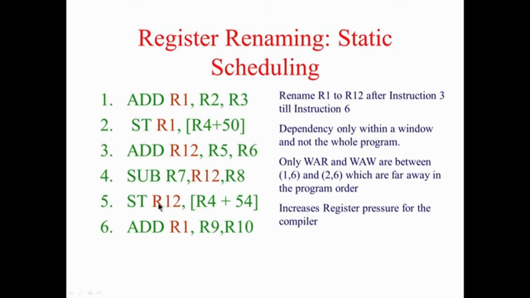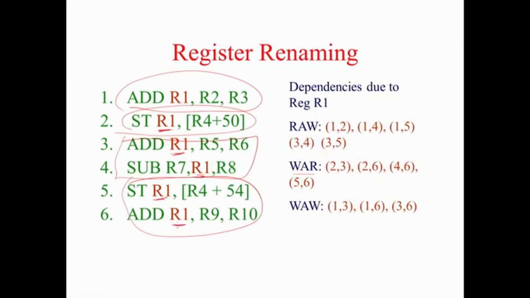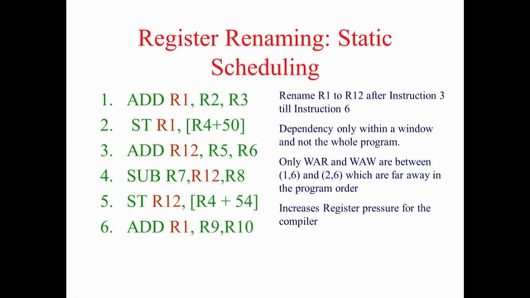Are you following what I am saying? These R1s I replaced with R12. Now where are the WAR and WAW? Everything went off. The program is correct. Whatever this program is going to achieve is exactly what the other program is going to achieve. Functionally both are equivalent.